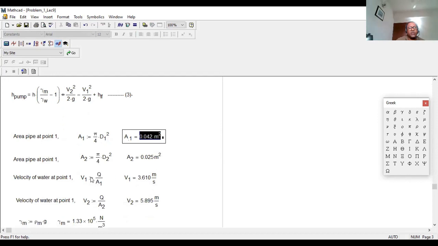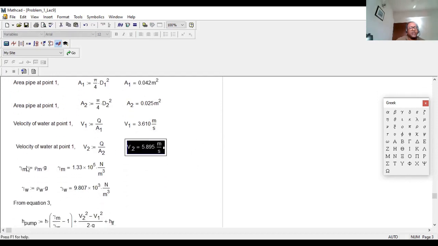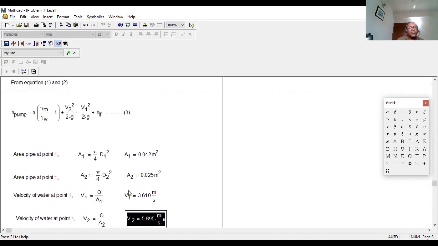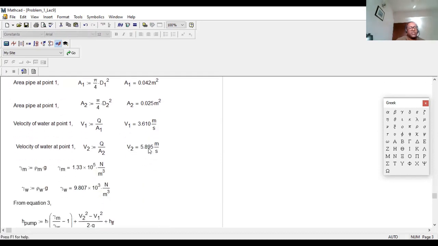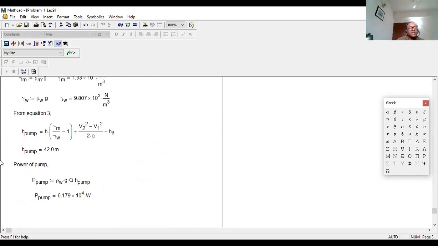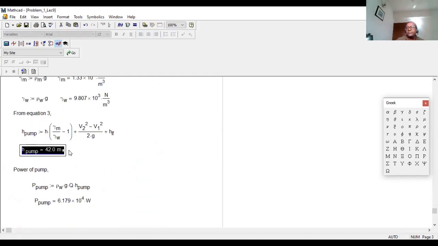So you get V1, you get V2. Then you figure out the gamma M and gamma W. Then you put all the values in this equation. Then you will get the H pump. So H pump, we are getting 42 meter.